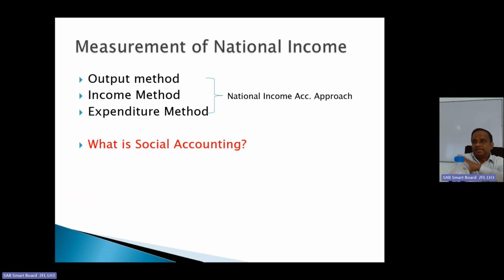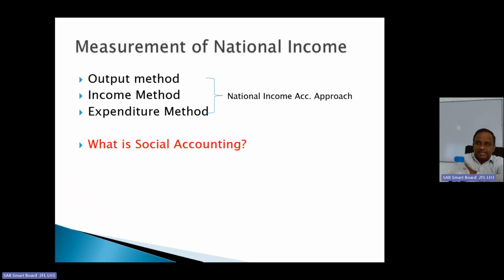And the income method means based on the factor income received by the household. So those are the rent, wages, interest, and profits, the rewards for the factors of production. Based on these rewards, we can value how much we received as rental income, salaries and wages, profits, and interest payments.